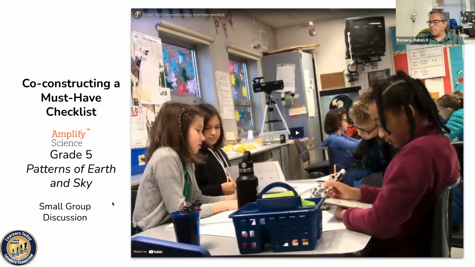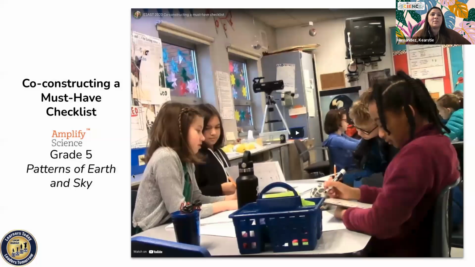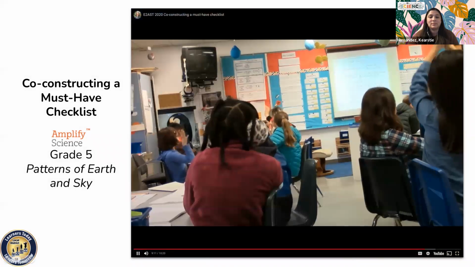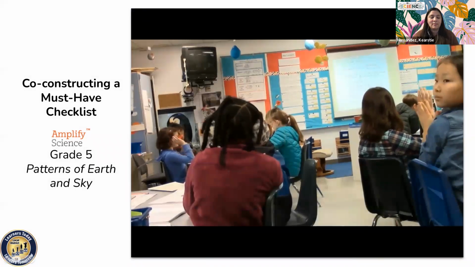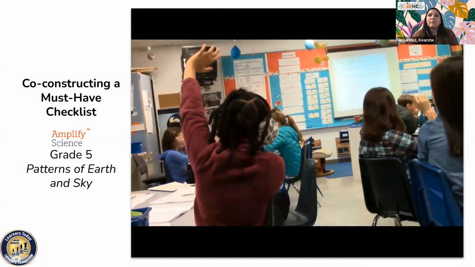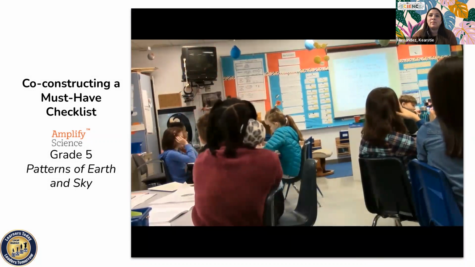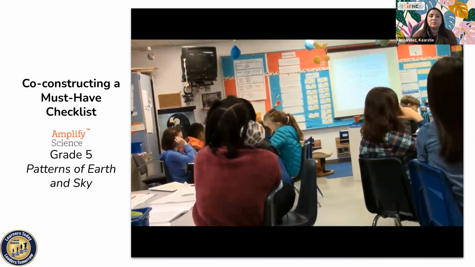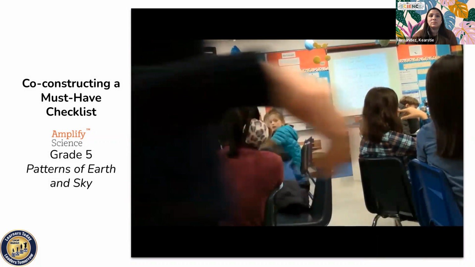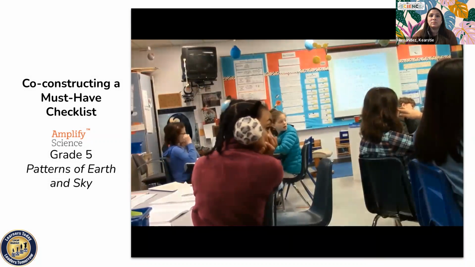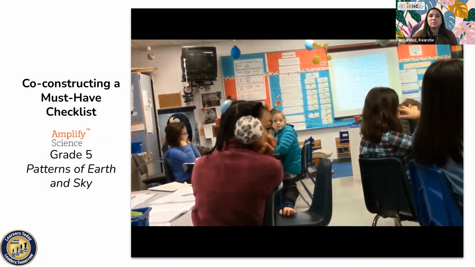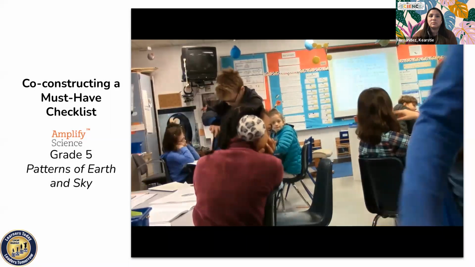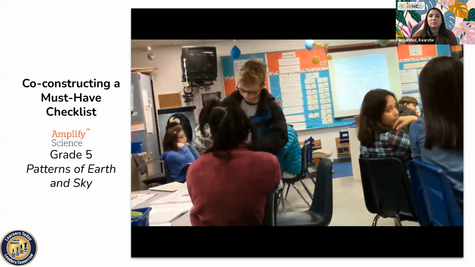Right, so then we're going to go to the second part, which is the teacher summarizing everything they did in that whole group discussion. This is a suggested list of must-haves, meaning it's just to give you an idea of what you might want to include on your model to be able to explain the relationship between the Earth and stars.